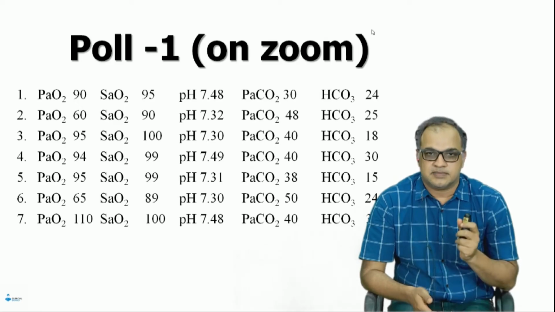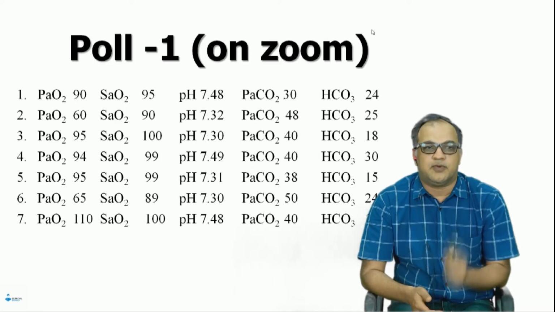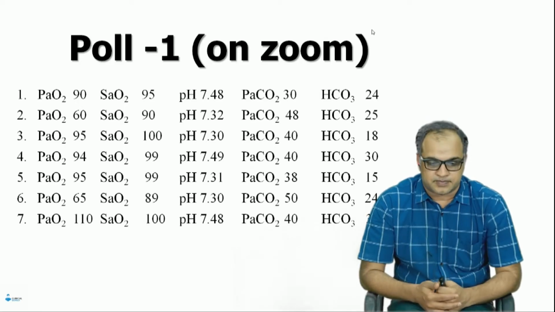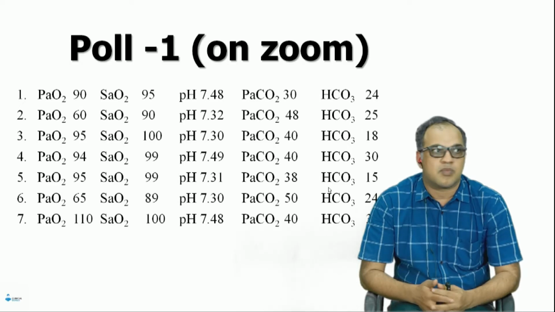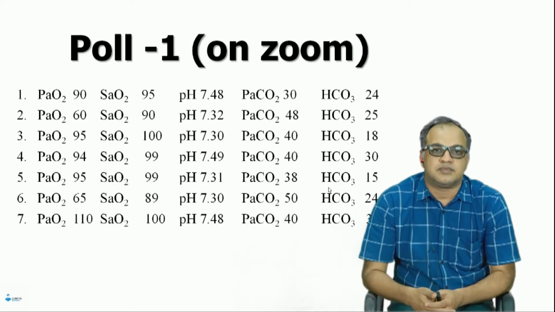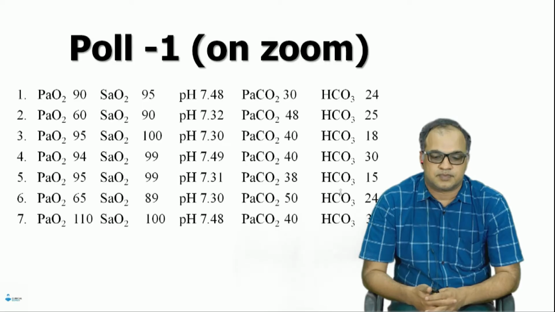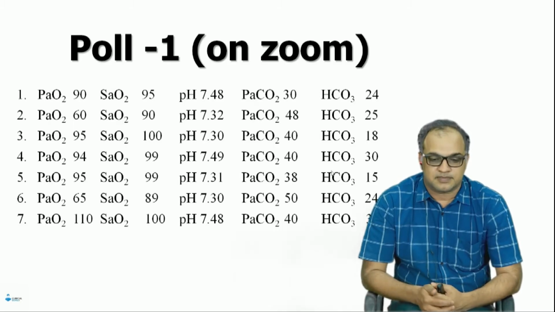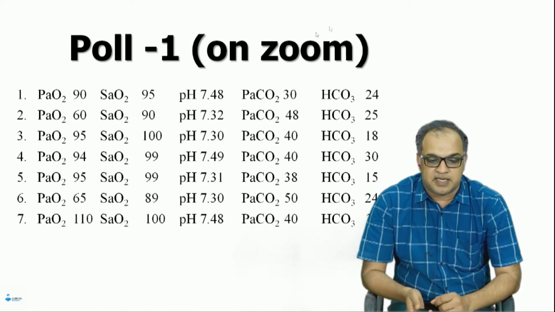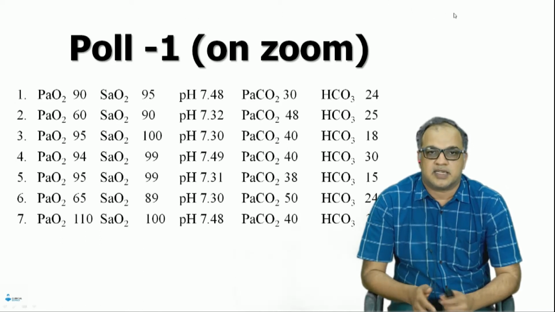More than 7.4 is alkalotic, less than 7.4 is acidotic. Twelve. I'll wait till 20. We have to see if the pH is acidotic or alkalotic.